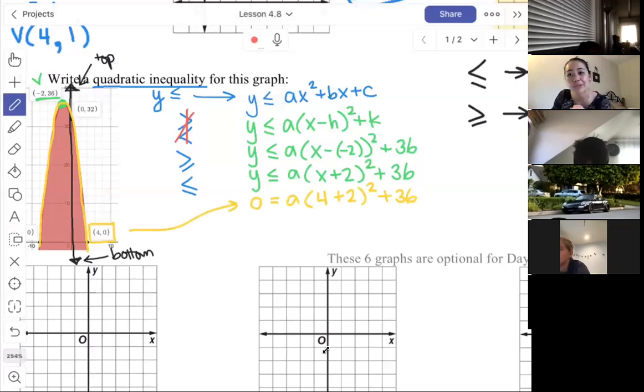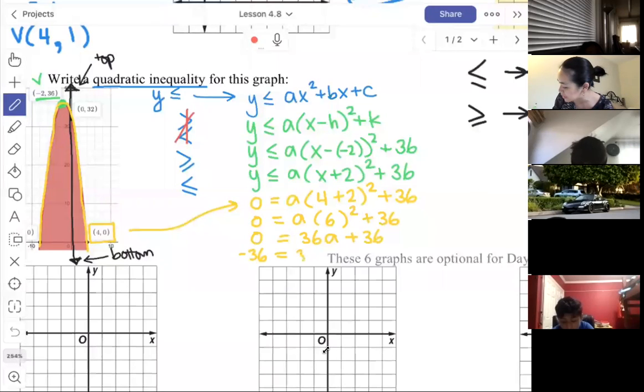Notice I'm just using the equal sign because the point is right on the parabola. So this is going to be 6 squared plus 36, which is 36a plus 36. So -36 is equal to 36a, which means a is equal to -1.